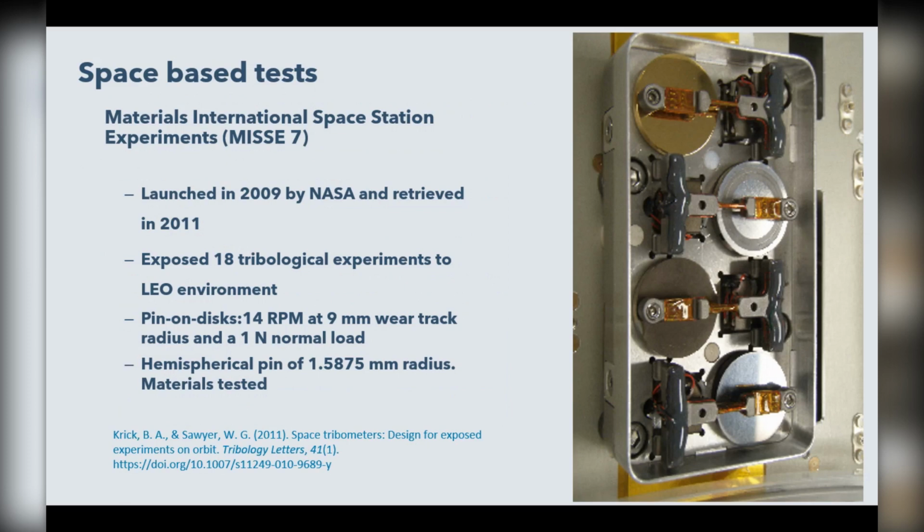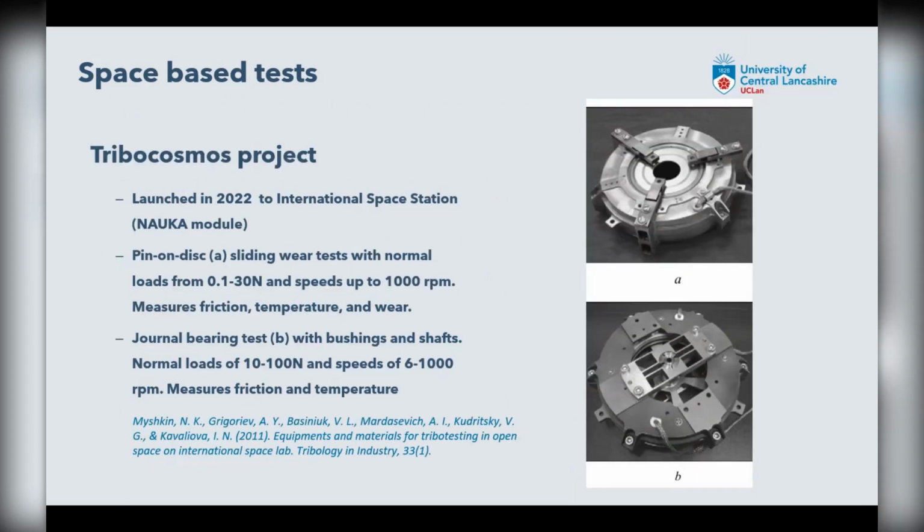Okay, so there are around four, but I have selected only two. These are the main tribological tests done in space. The Tribocosmos project: they started this project in 2010, but due to a lot of postponing, I think they have launched this mechanism to the International Space Station.